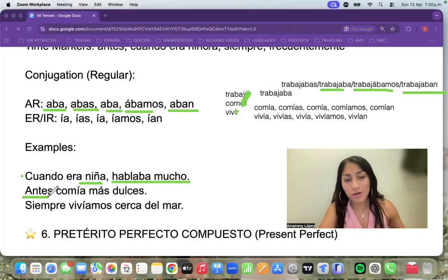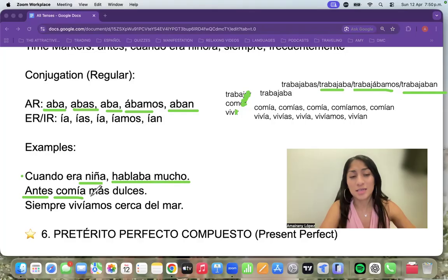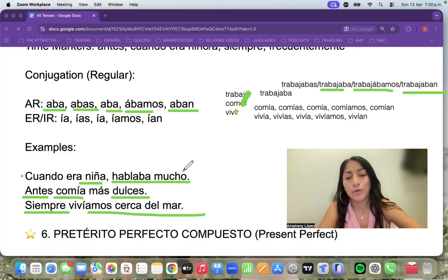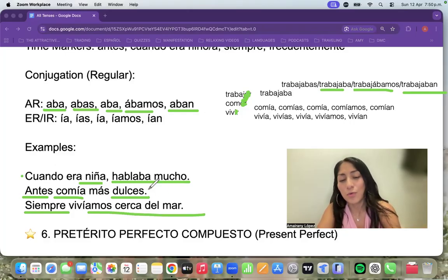Antes, before, comía más dulces. I used to eat more sweets. Dulces is either candy or sweets. And siempre vivíamos cerca del mar. We always used to live near the sea.